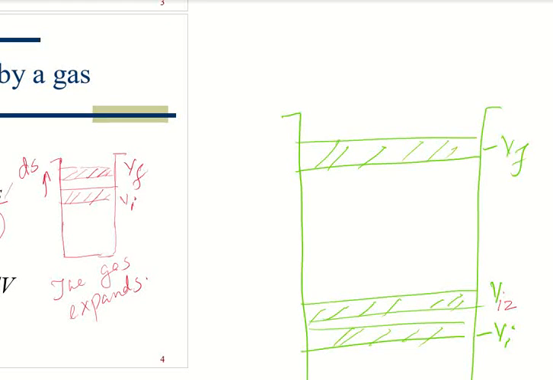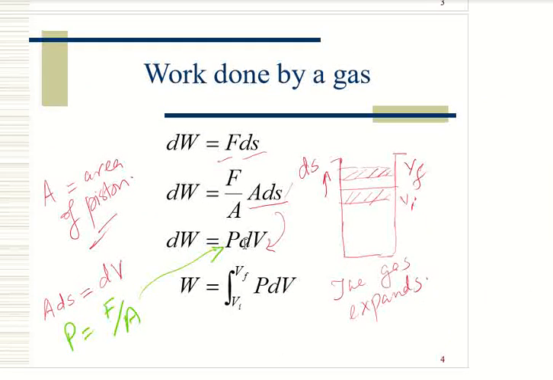There will be a lot of intermediate steps in this area of the cylinder, and to calculate the complete work done we have to integrate this equation that I showed you on the slide. The limits of integration will be from Vi to Vf of P dV. It is basically a sum of a large number of steps in the beginning, and when the step size is very small, we can change the summation to integration.